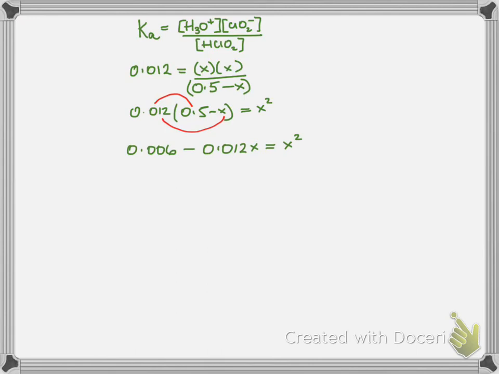If we rearrange that to get it into the more usual form that you're used to, that becomes x squared plus 0.012x minus 0.006 equals 0.